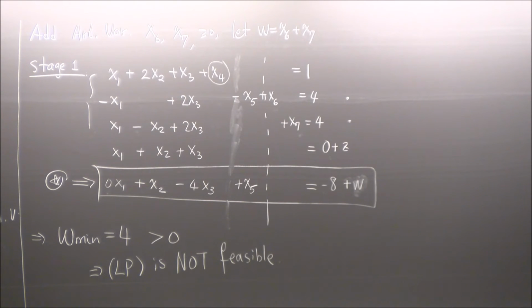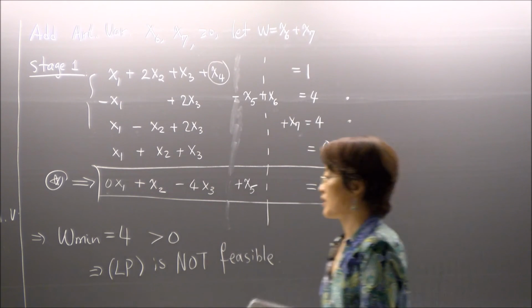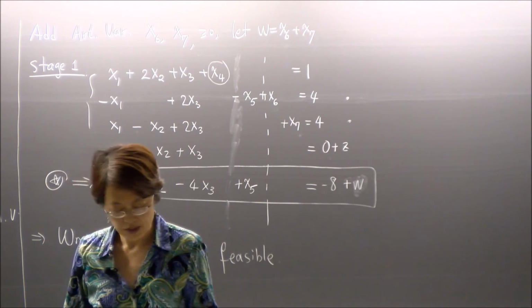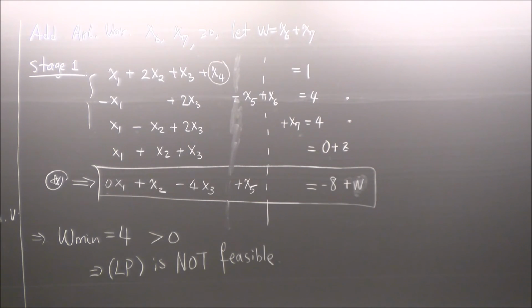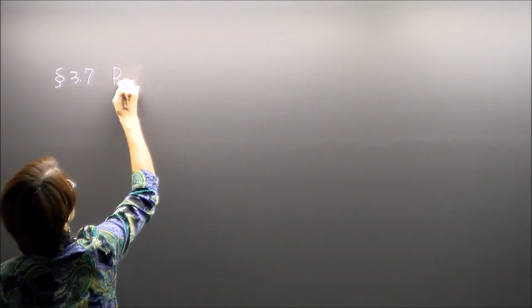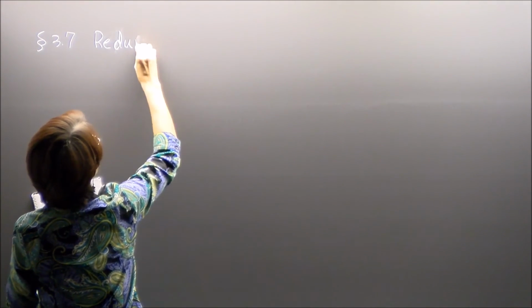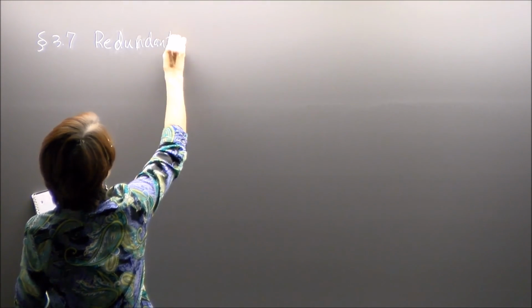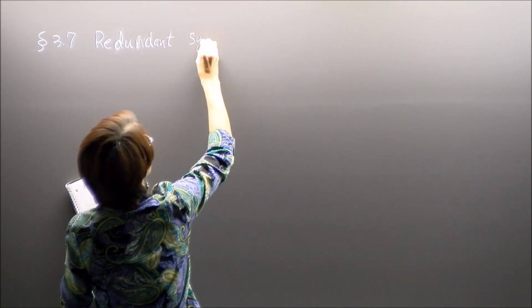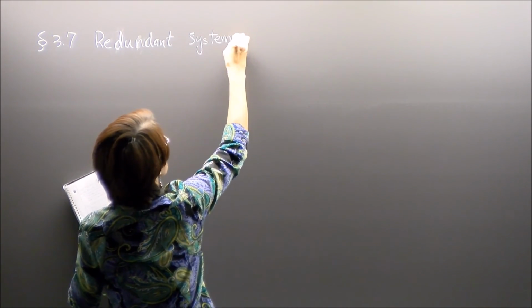You see, we managed to reach conclusions with no problem. Actually, there's some scenario that could happen that will make it a bit more complicated, okay? So this is something we'll be focusing on today, and it takes quite some explanation. So in the textbook 3.7, that is the situation where you have redundant equations. So we call this a redundant system.